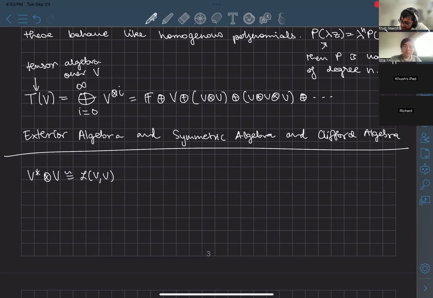But how can we think about this tensor space? Sure, it's the linear maps from V into V dual, right? But is there another way to think about this? Remember that V and V dual are isomorphic.